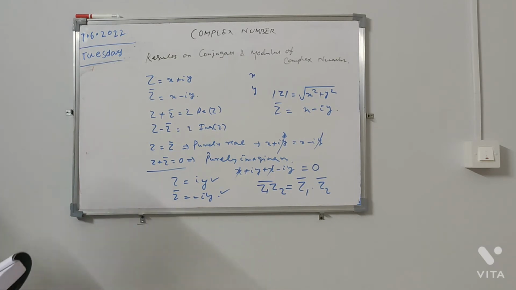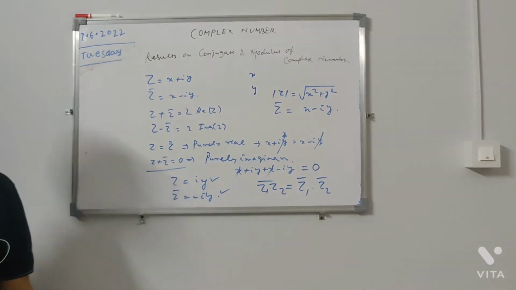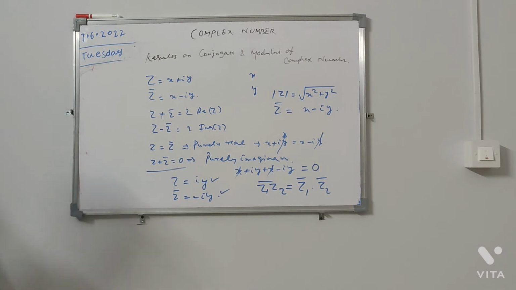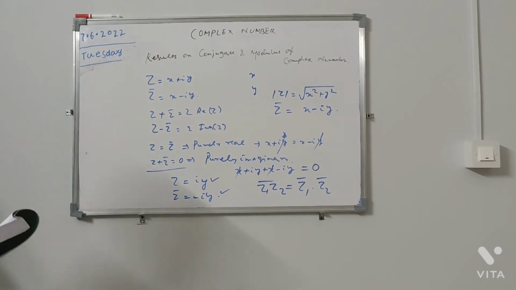So the conjugate of z1 z2 is equal to z1 conjugate into z2 conjugate.